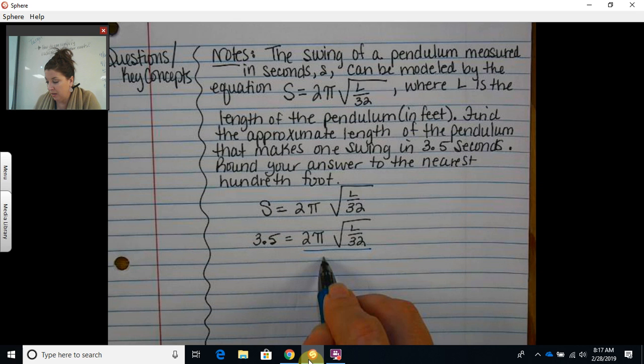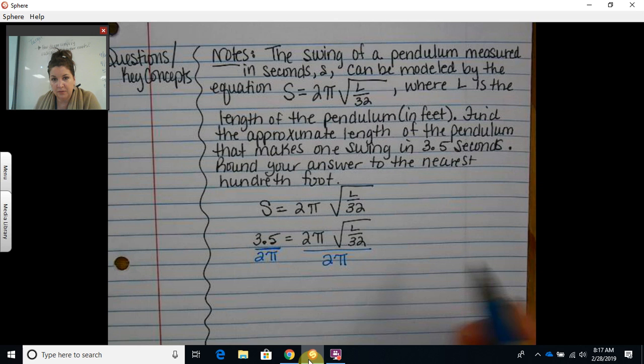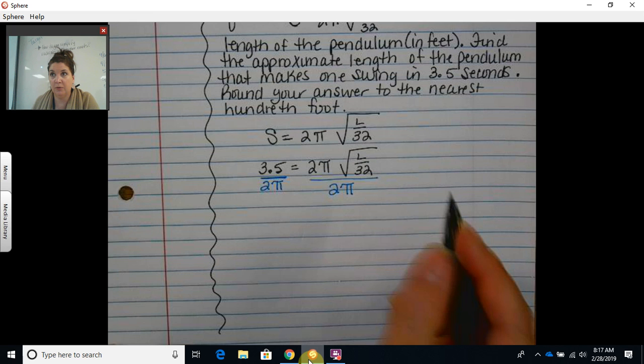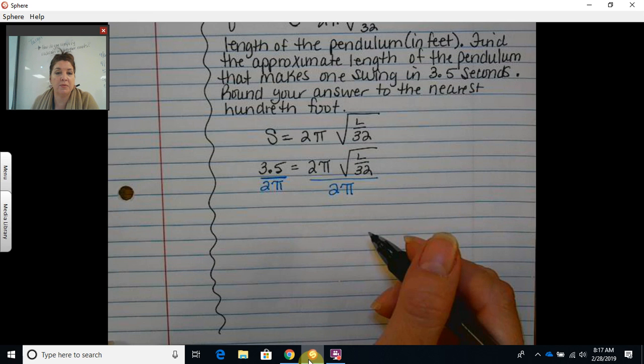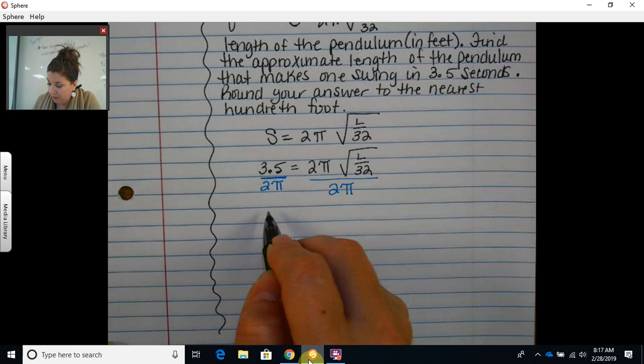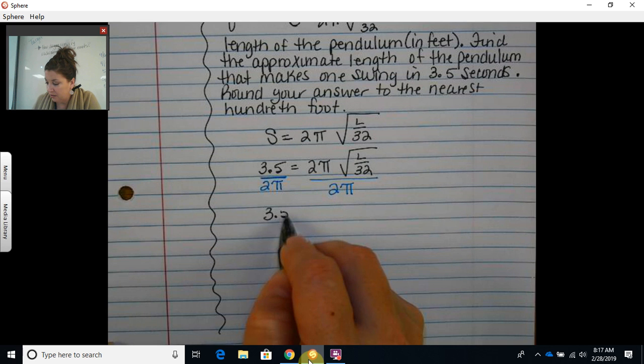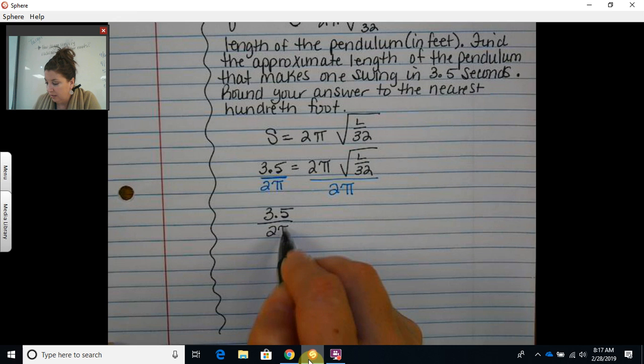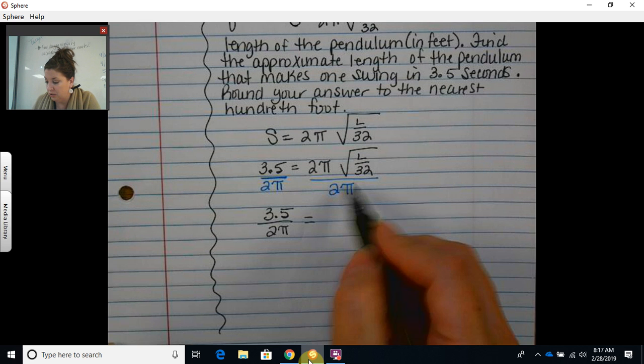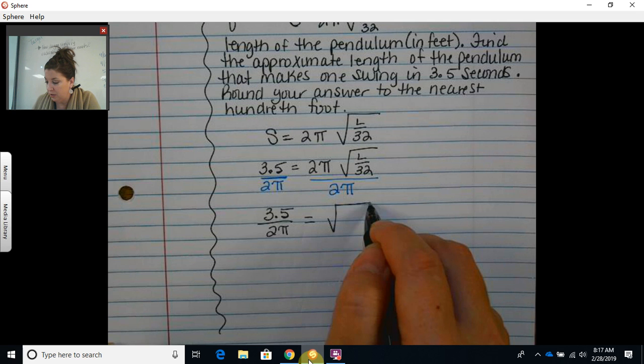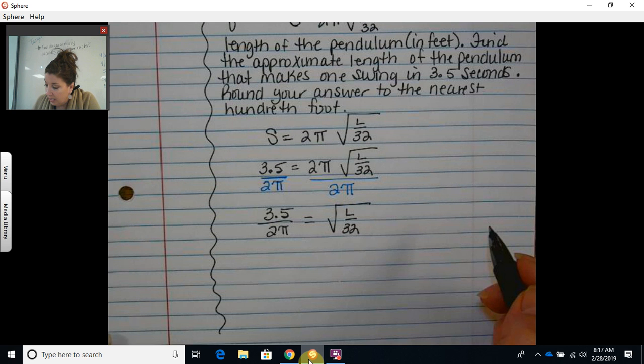So we divide both sides by 2 pi. So we have 3.5 divided by 2 pi equals, on the right side, 2 pi divided by 2 pi cancels, and we're left with the square root of L divided by 32.